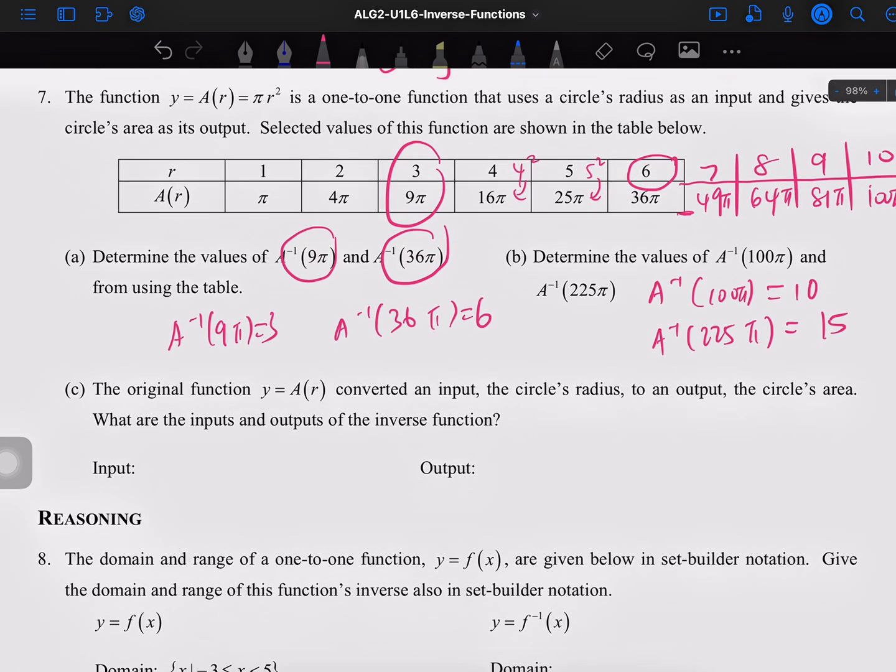Okay, for part C, the original function A(r) converted an input, the circle radius, to an output, the circle area.